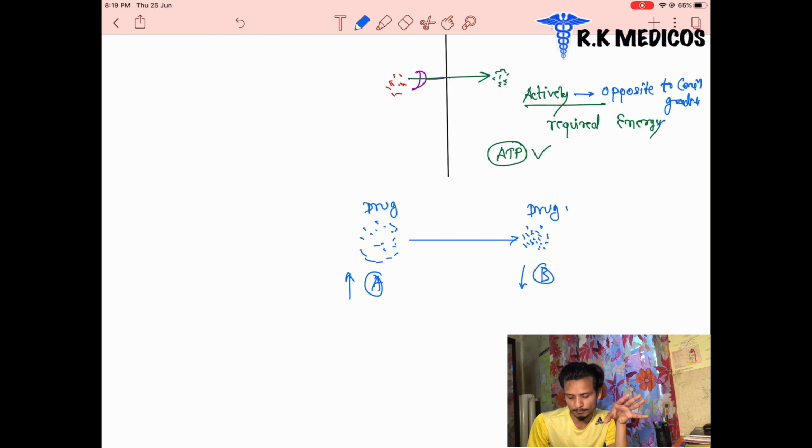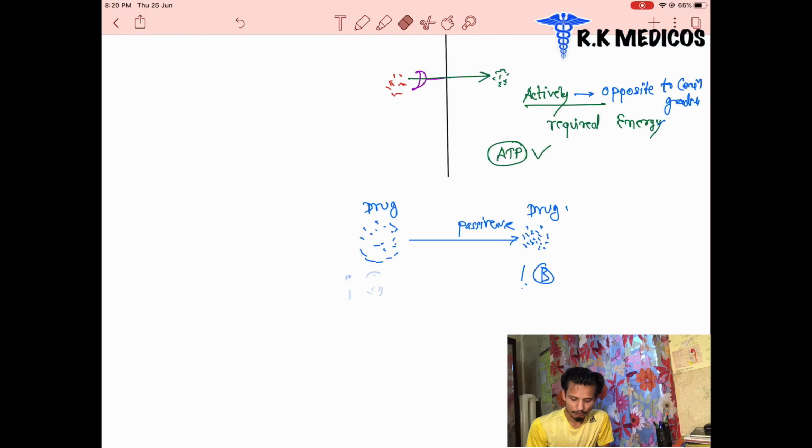That is movement along the concentration gradient, and this is called passive transport.